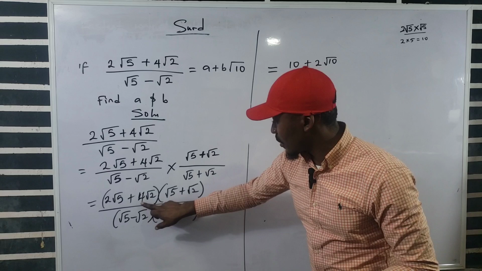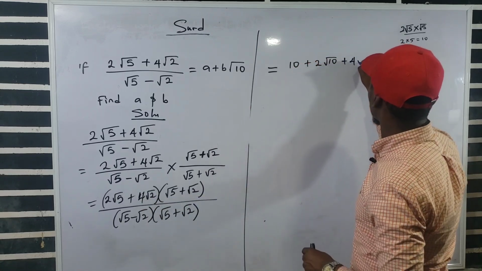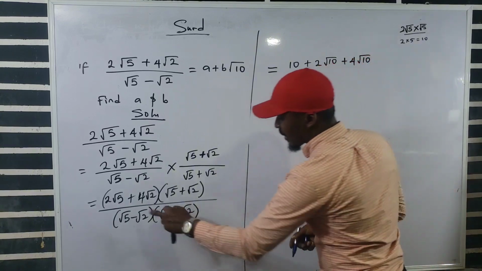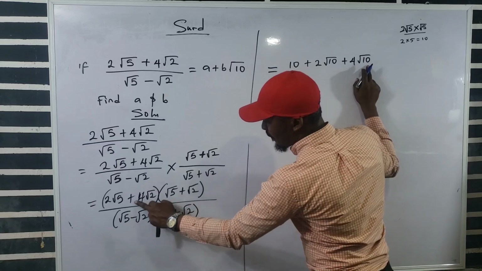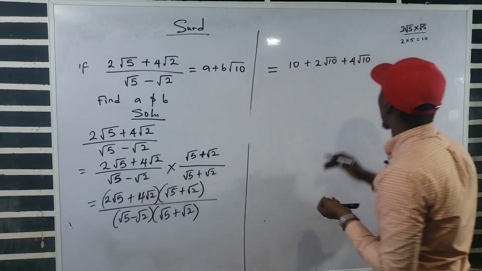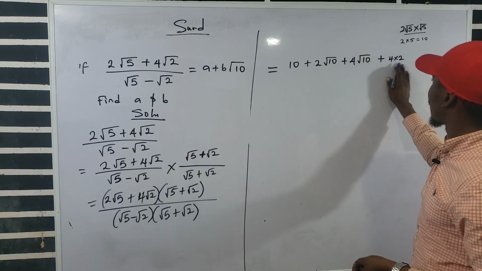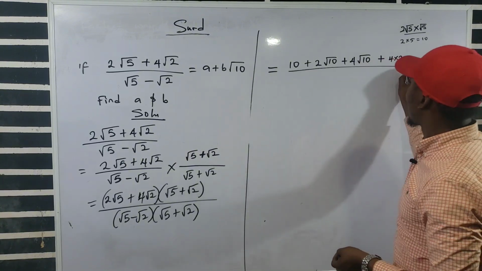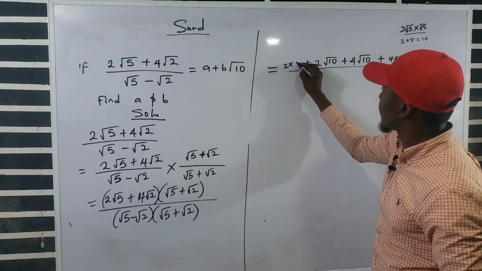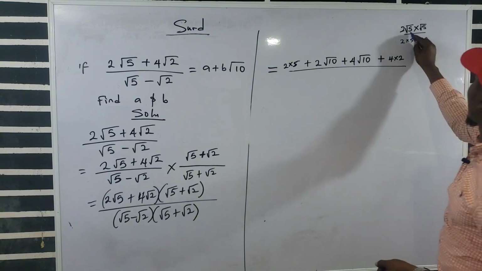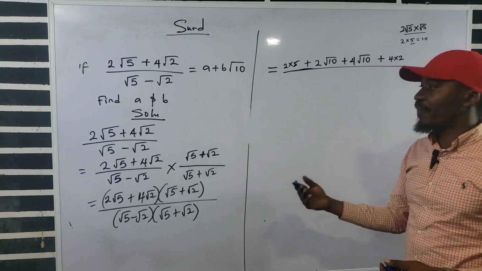Then you come to the second one, 4 root 2 times root 5, that will give us 4 root 10. Root 2 times root 5 will give us root 10, then you have your 4. Then 4 root 2 times root 2 will give us 4 times 2, which is of course 8. But let's leave it that way first, and write this one also as 2 times 5, so that we can follow the steps.